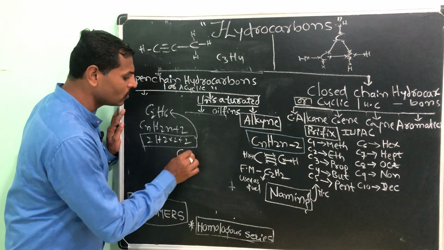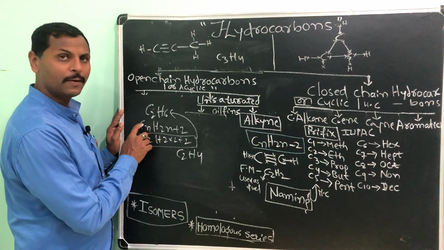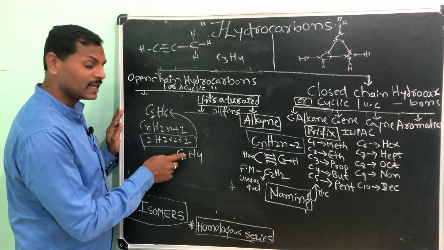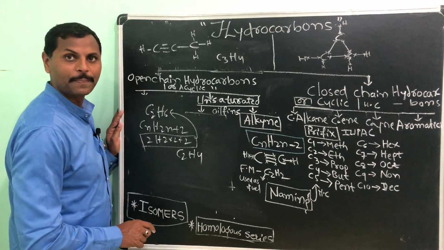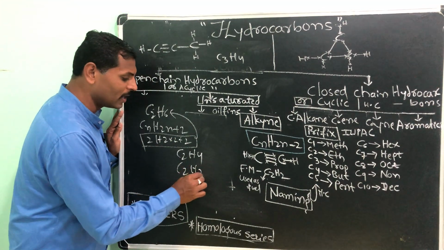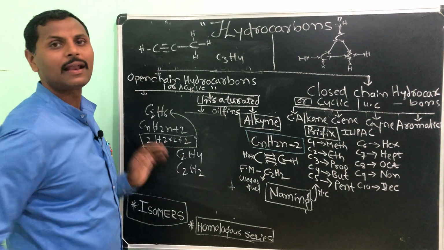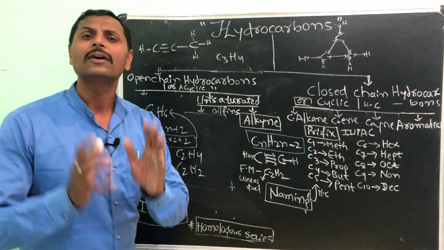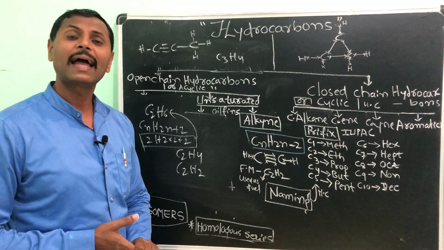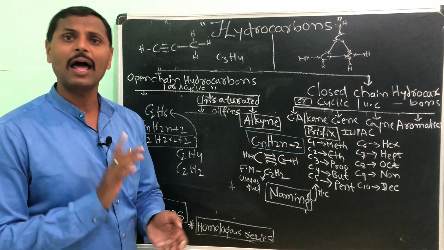If I write C2H4, then see here, 2 2s are 4, only 4 is there, that means it is the alkene. If I write C2H2, 2 2s are 4 minus 2, then it is the alkyne. Understood? Simply by seeing the molecular formula, you can say that the hydrocarbon belongs to alkane, alkene or alkyne.